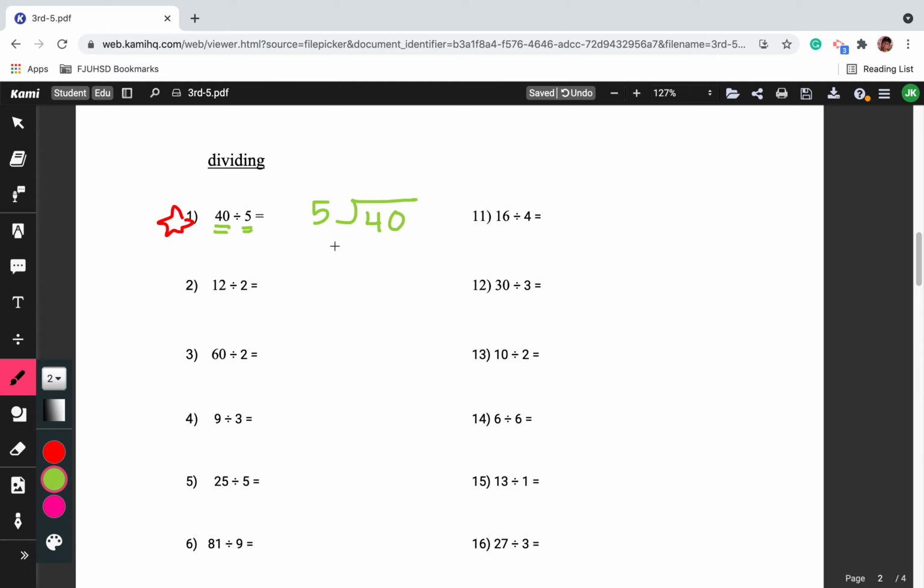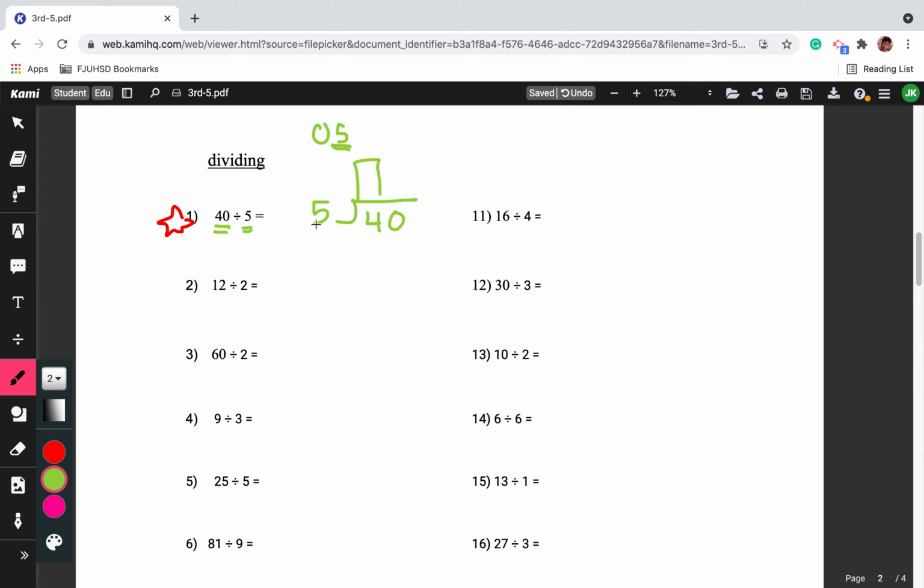So for this one, since there's only one, since this is basically the ones value, 5, that means we'll start at the ones value here.